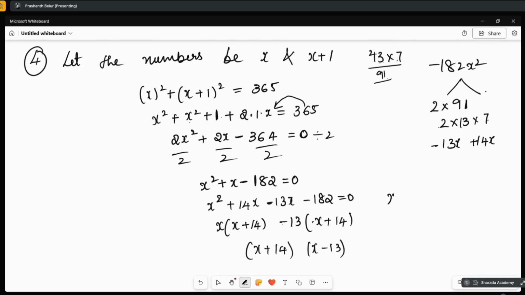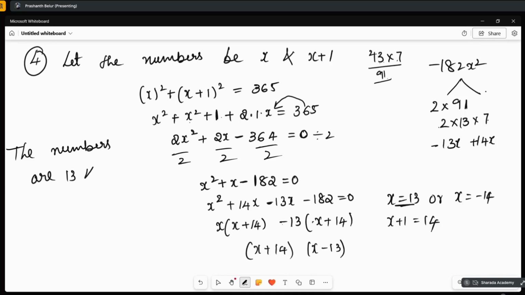So you will get a positive number. We will take the positive number. So we got the number as 13. The other number will be 14. So the numbers are 13 and 14.